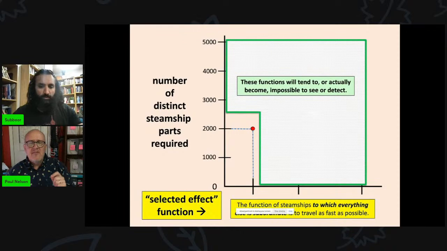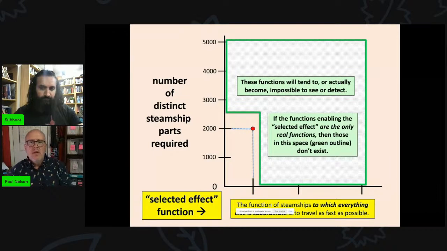What will happen is these other functions will tend to disappear. They'll become impossible to see or detect if we focus simply on getting across the Atlantic. If we say, in fact, that that's the only real function, then in a sense, the other ones don't really exist because we can't connect them to our selected effect.